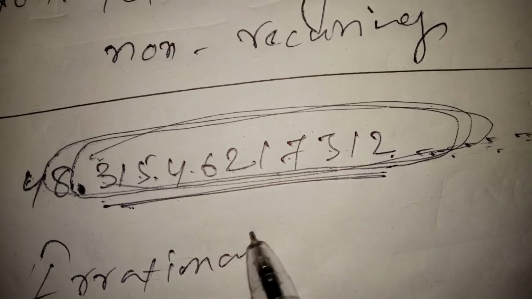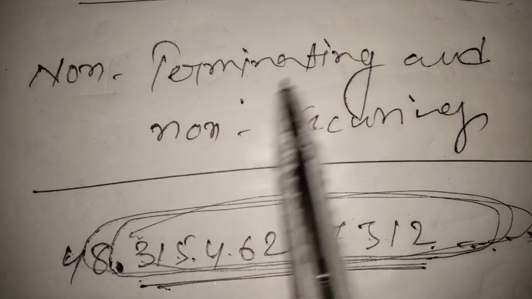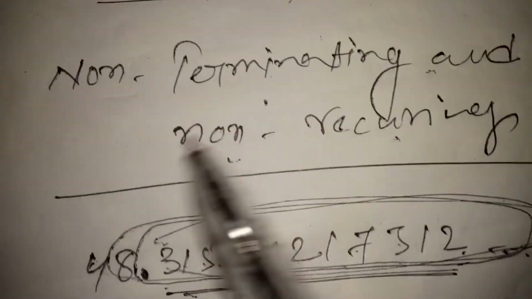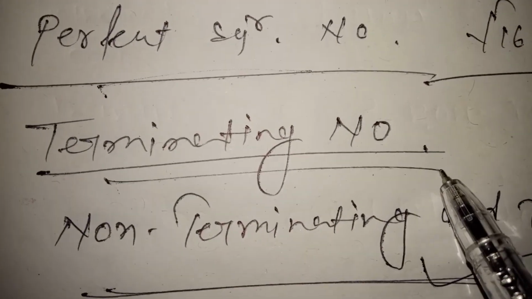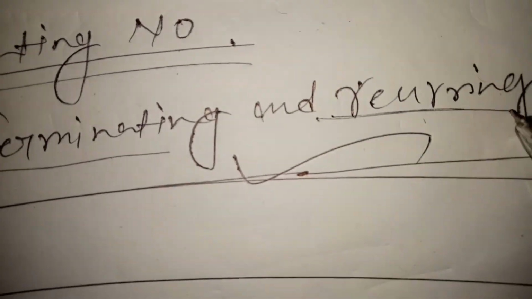irrational number. That means if numbers are non-terminating and non-recurring and not a perfect square number, then it will be called an irrational number. Very simple to identify. Rational number: perfect square number, terminating number. If non-terminating, then it will be recurring or repeating.